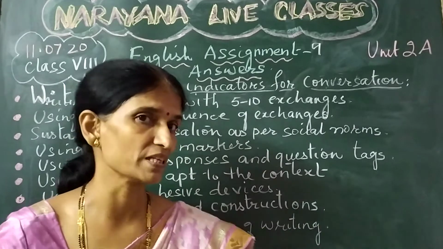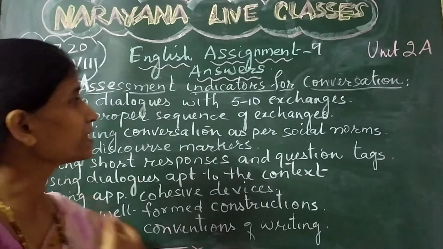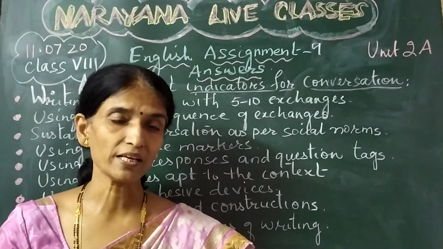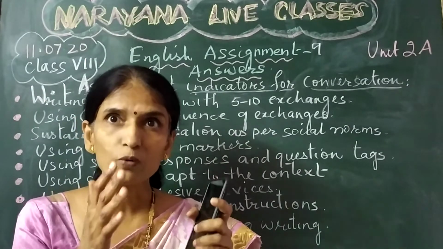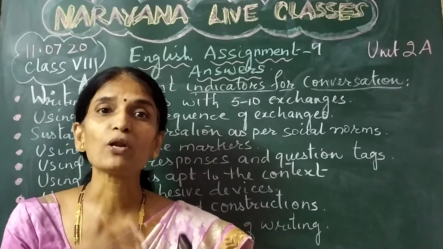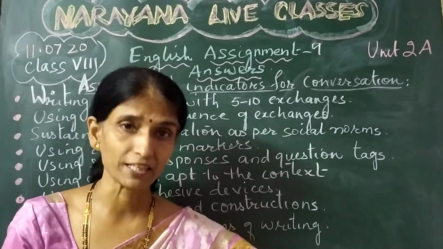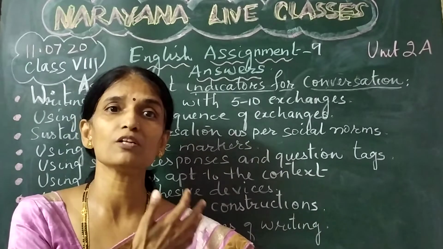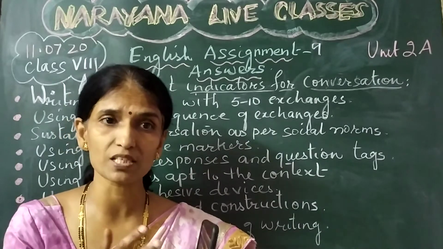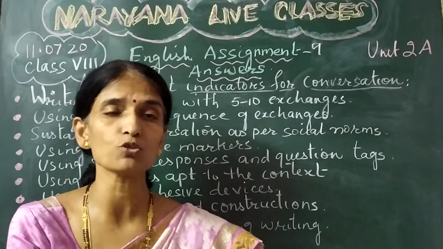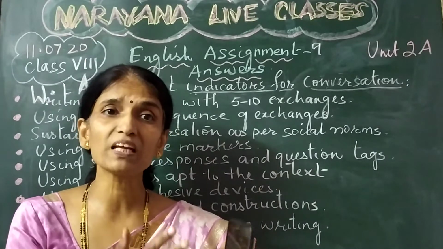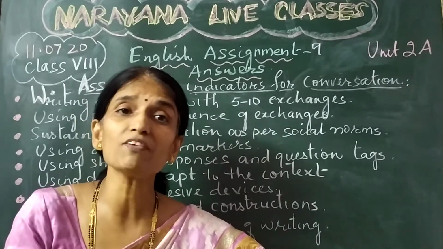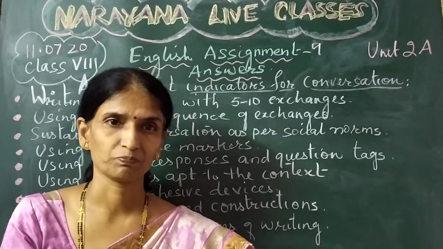The third assessment indicator, sustaining conversation as per social norms. We should follow polite references, reflections, greetings. Sustaining social norms is important because we should sustain our conversation according to the social norms. We should begin with greeting because when we meet each other, we begin our conversation with greetings.